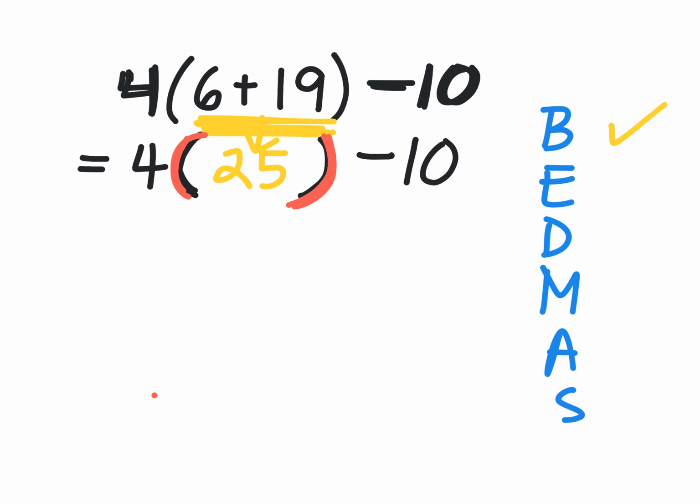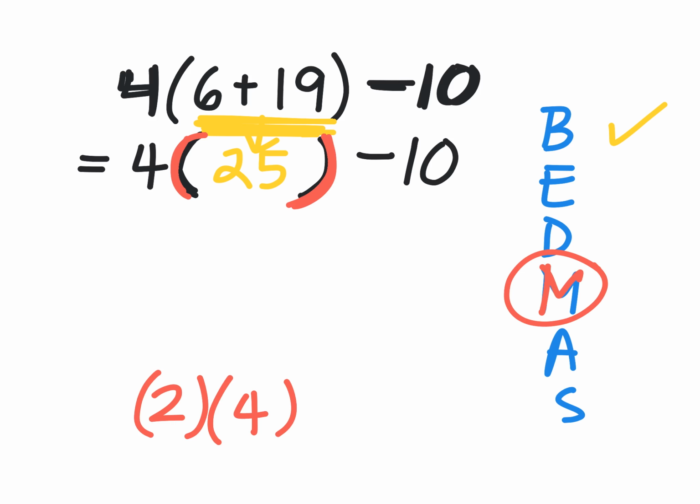For example, if you saw 2 bracket 4, the operation is always multiplication. Brackets next to each other means multiply. So you need to remember that.